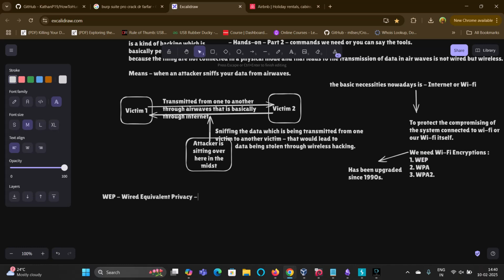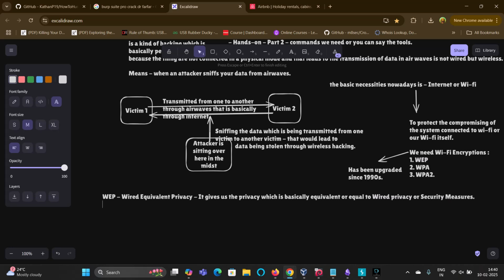As its name itself suggests, guys, it gives us privacy which is equivalent, or equal to, wired privacy or security measures.